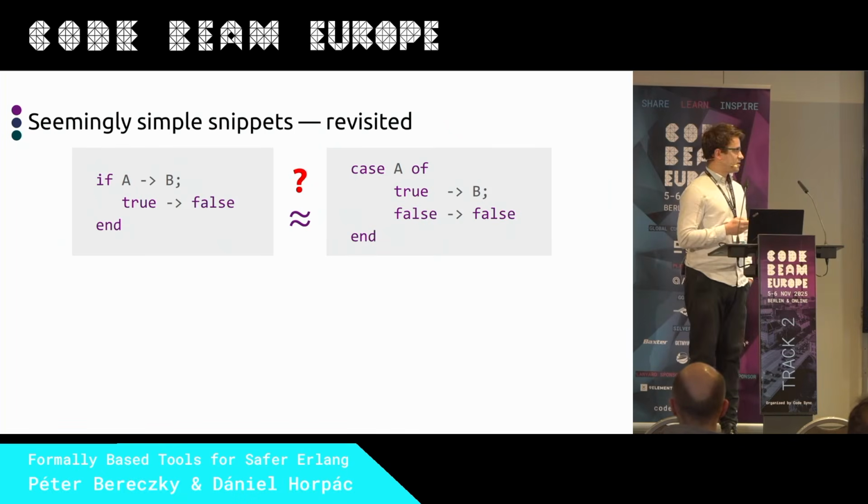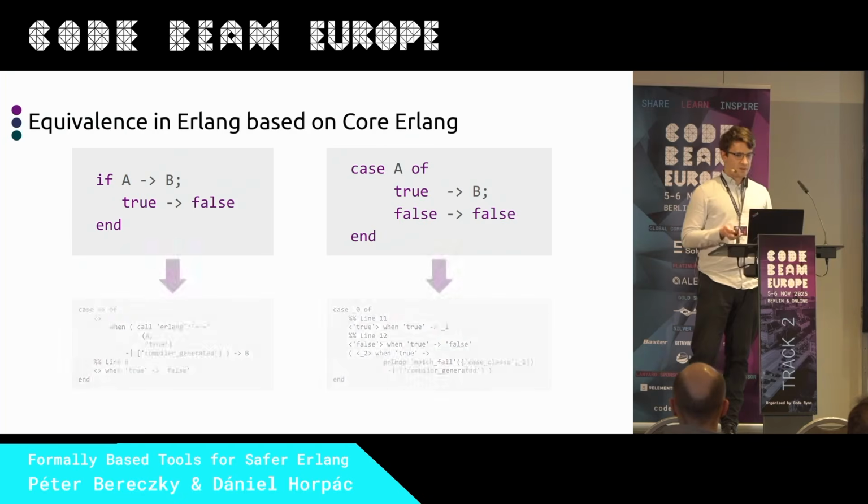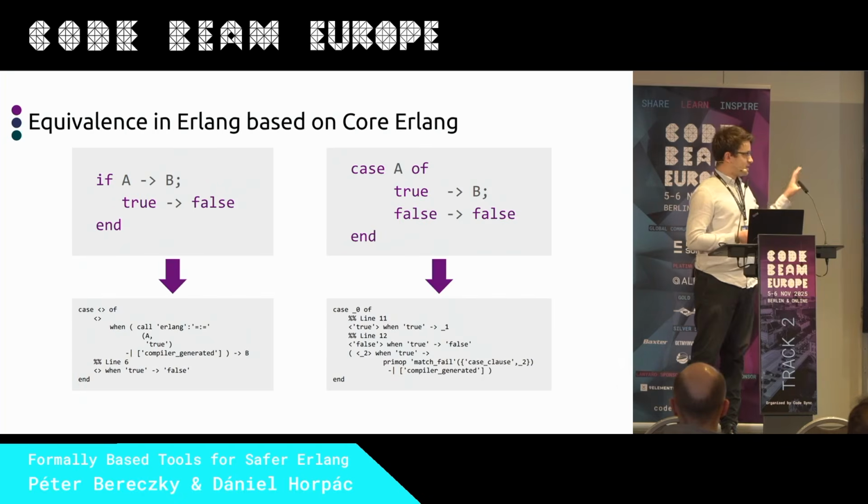But hang on a minute, these are Erlang expressions, not Core Erlang expressions, and I just presented you a semantics for Core Erlang. What we mean by equivalence here is this. We take these Erlang expressions, use the standard compiler, translate them to Core Erlang, and check the equivalence there. This step is basically what I told you when I was talking about trusted compilation.